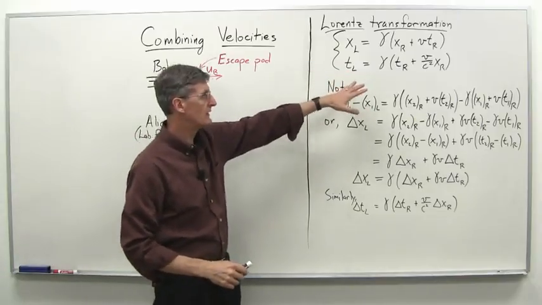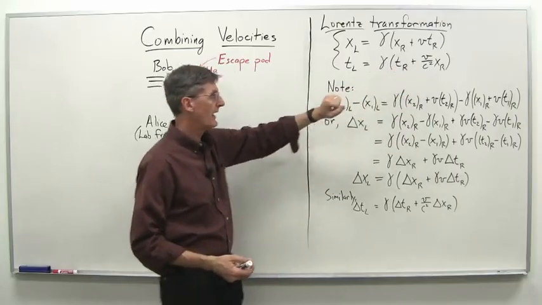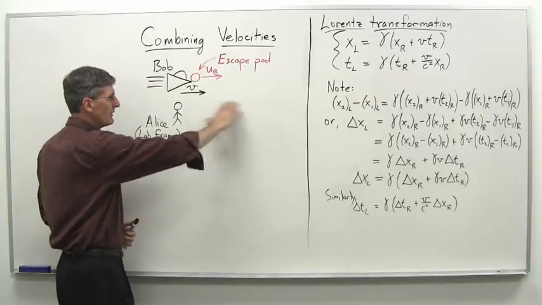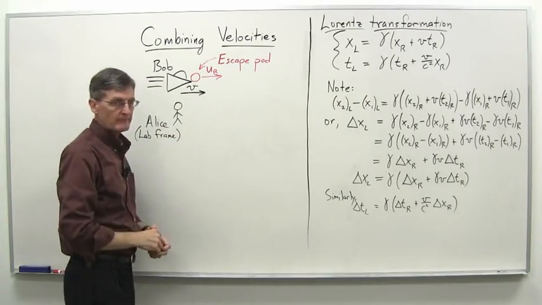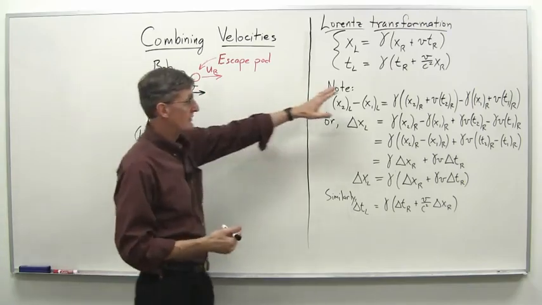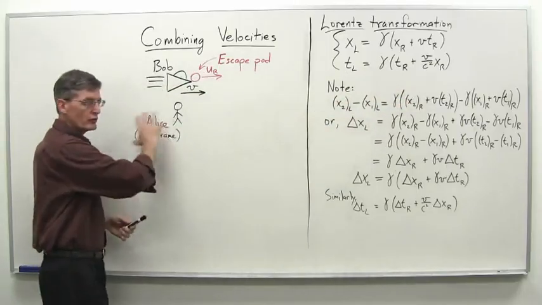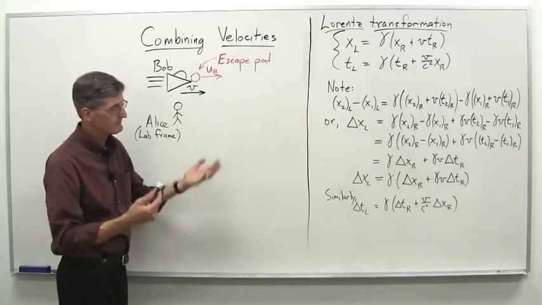So for a given event with a space coordinate x and a time coordinate t, someplace along the x-axis, as Bob looks at that event in his coordinates, we can get Alice's coordinates of that event using the Lorentz transformation.